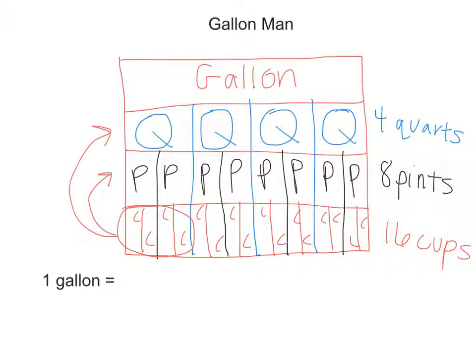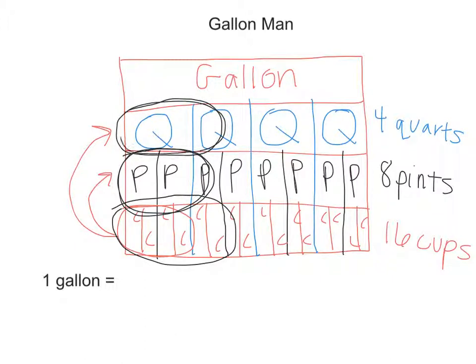So if I wanted to figure out if I have 6 cups, just by sliding up on my chart, I know that 6 cups is the same as having 3 pints. And if I scoot up one more row, that would be like having a whole quart and then half of a quart. So that is how we're going to use gallon man to go from one unit to the next.